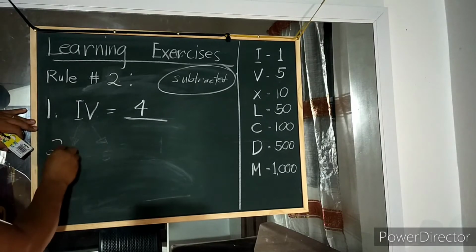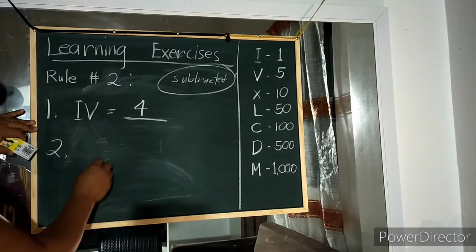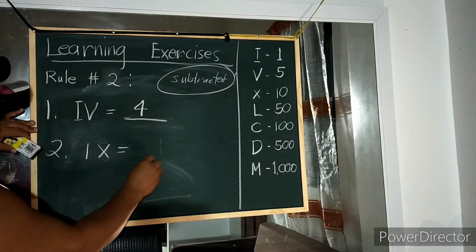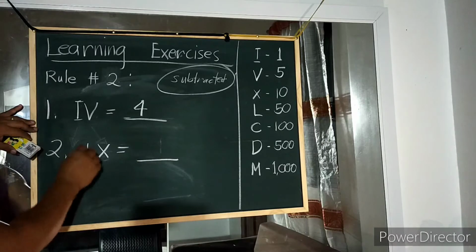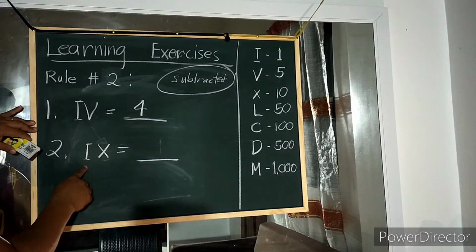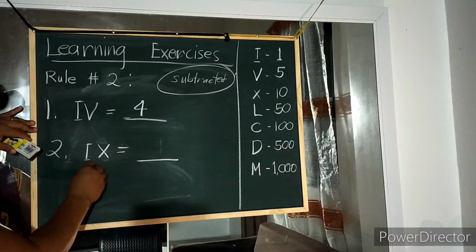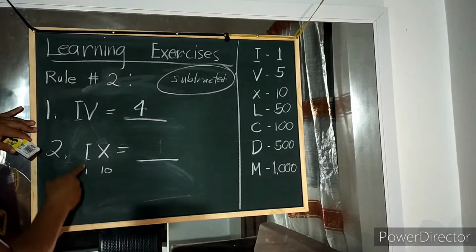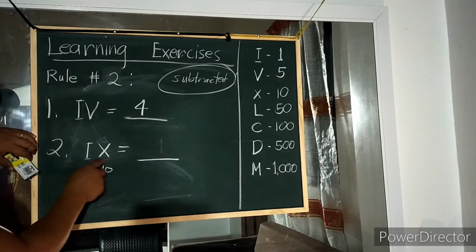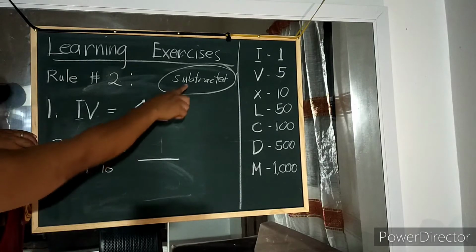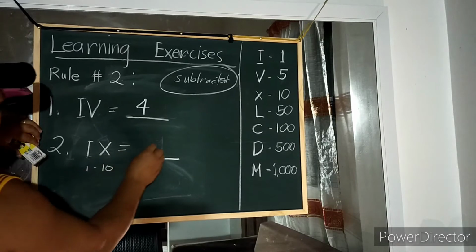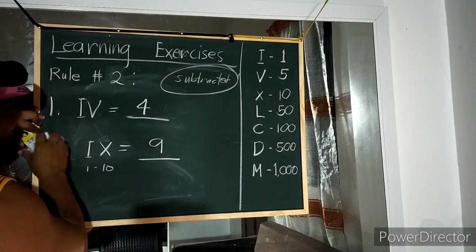Example number 2. We have here I, X. I is 1, while X is 10. Lower value comes before the higher value. Subtract. Okay? 10 minus 1, that is 9.